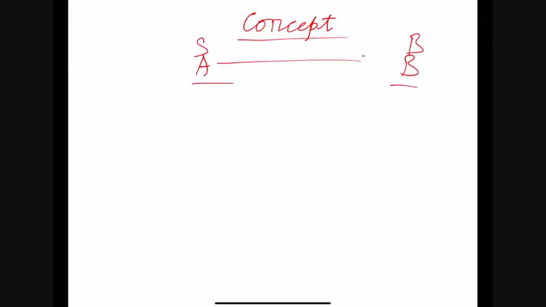Now let us start. Let me quickly explain the concept I already explained in the previous video. There are two parties, A and B. One is the seller, another one is the buyer. A is a businessman.